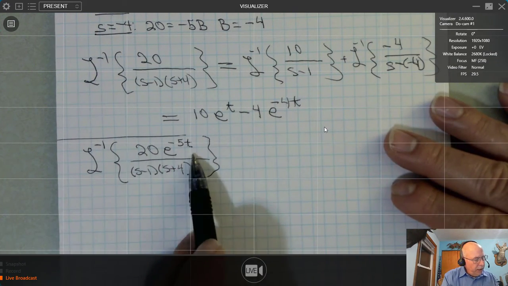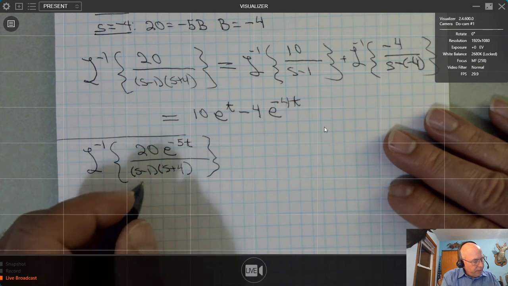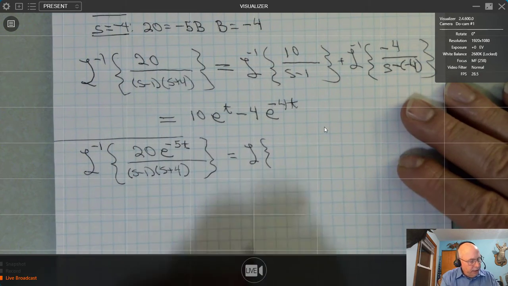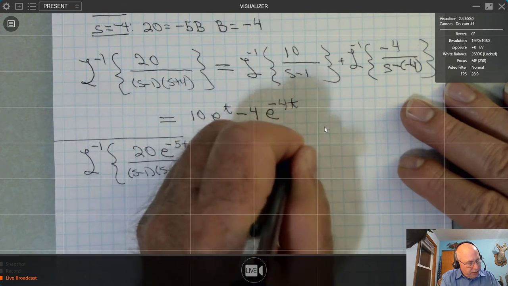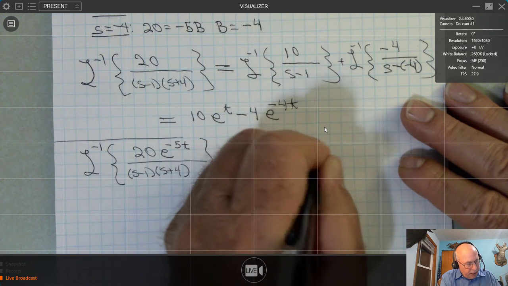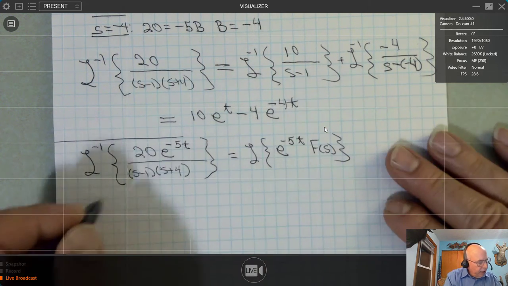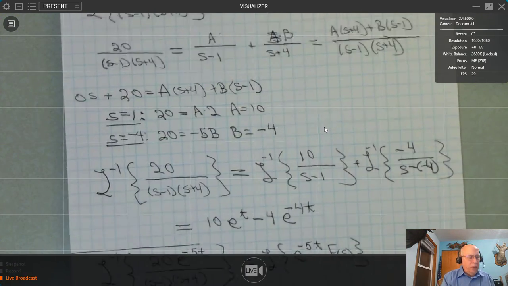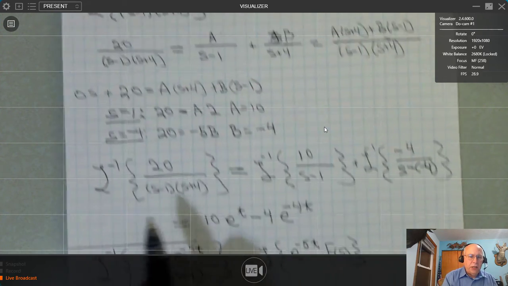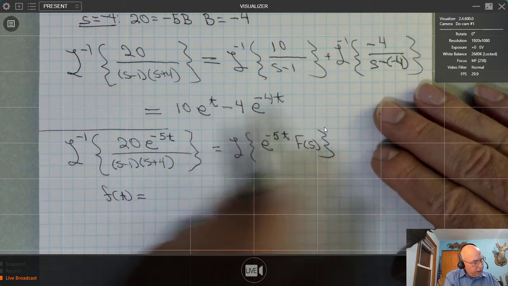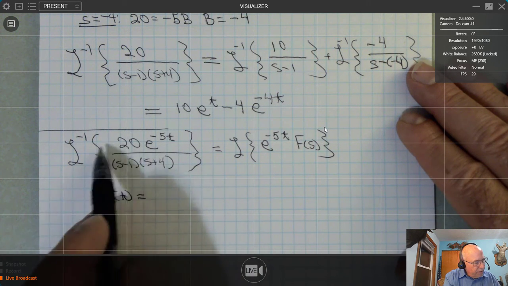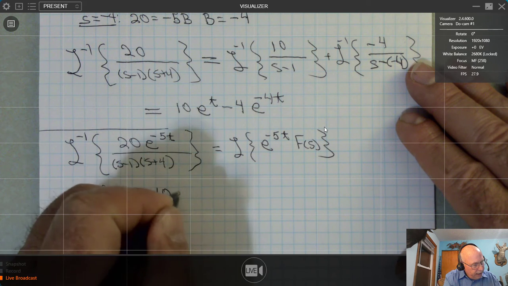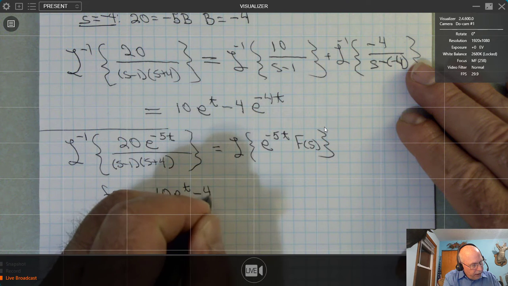Okay, so what we would say first of all is that this is, let me just introduce some notation to save some writing, e to the minus 5s times cap F of s. And f of t, well, we did that just before. You split this with partial fractions, and it turns out that the inverse transform of this fraction without e to the minus 5s is 10 e to the t minus 4 e to the minus 4t.